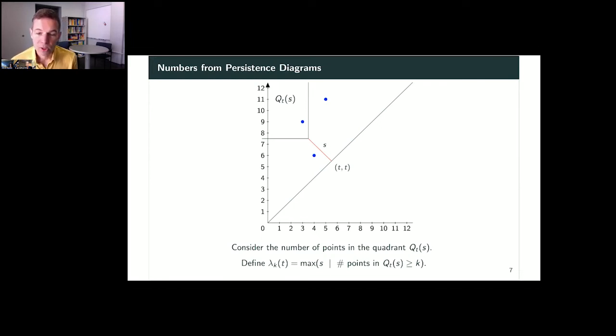So for each parameter value t, and for each count, we can ask how confident we can be in the count being at least that number at that parameter value. This gives us a 2-parameter family of numbers, or a 2-variable function. And this function is what we call the persistence landscape. The definition is just this simple definition at the bottom here.